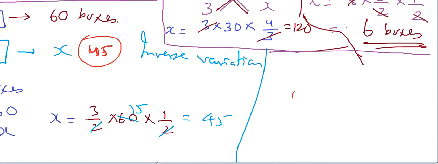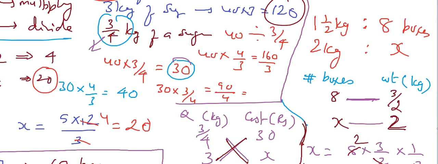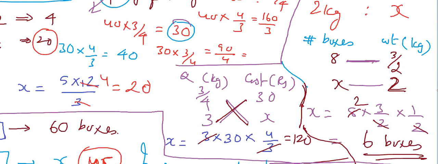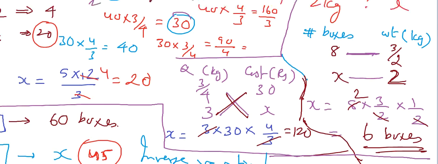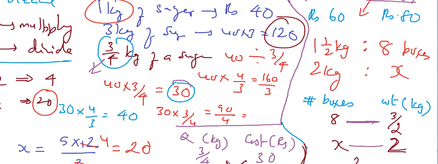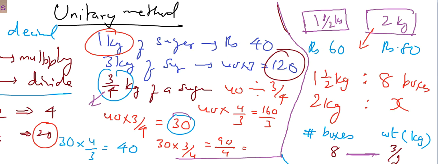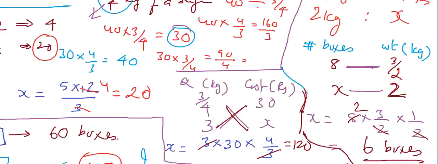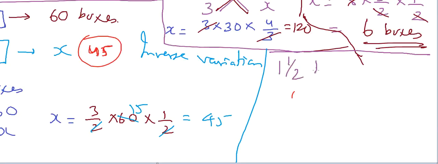Okay, in another scenario, each 1.5 kg box costs 60 rupees, isn't it?